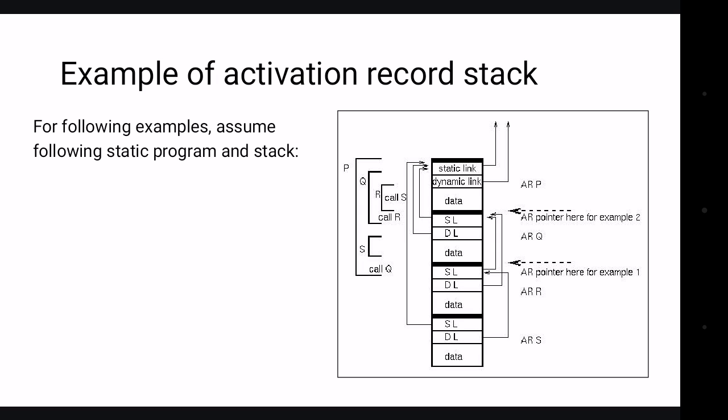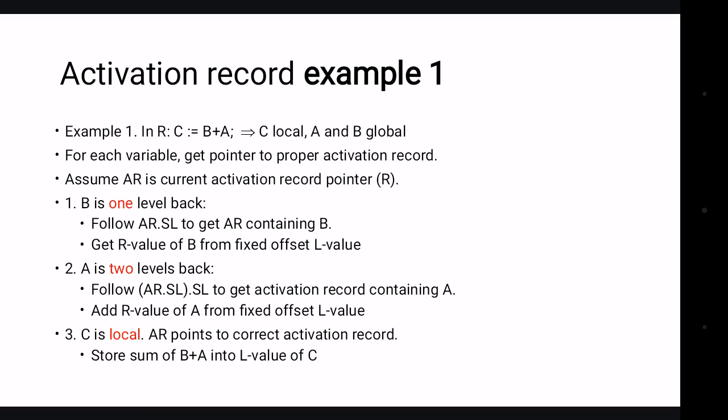We have an example of activation record structure which contains static link, dynamic link, data, SL, DL, data, and so on. That loop continues. We have the declarations P, Q, S, and calls S, R, Q. From this we can understand. Next we have activation record example 1, which gives C equals B plus A, where C is local, and A and B are global variables.